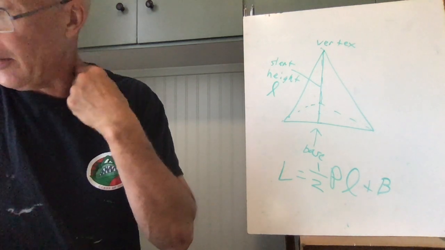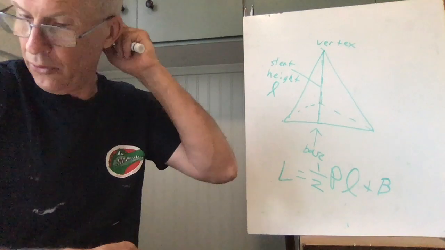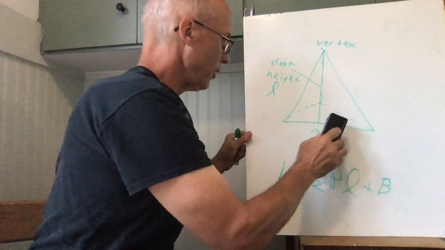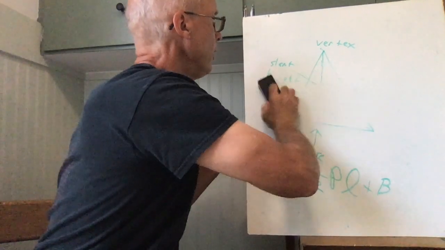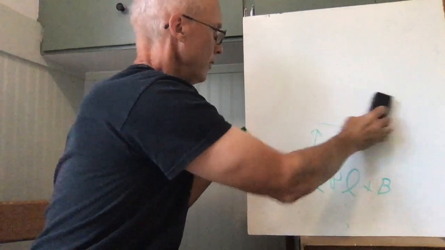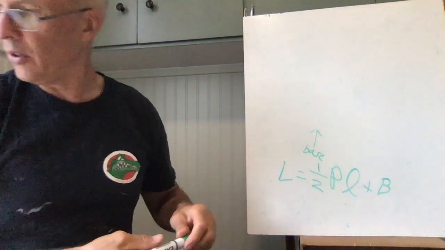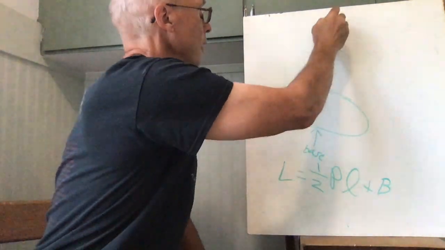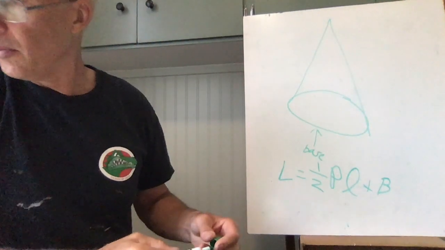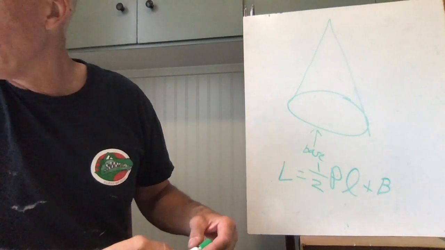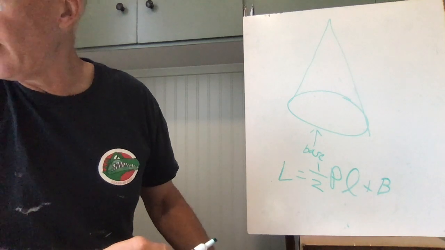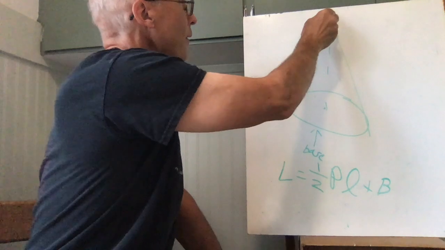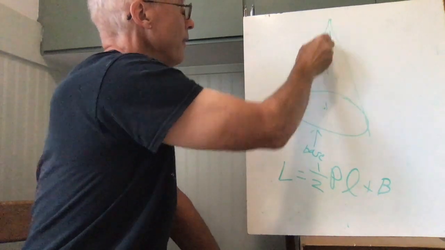And lastly, cones. I'll draw it just enough to give you an idea. Cones also are going to have an altitude, and they would have a slant height.